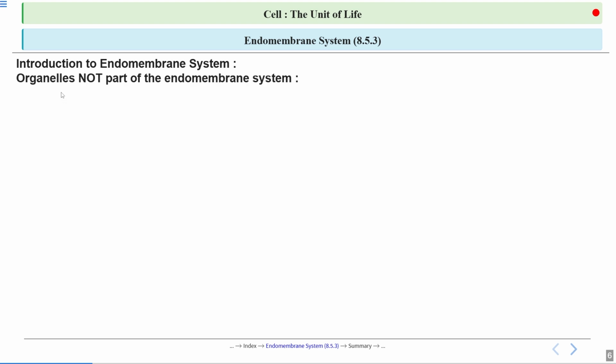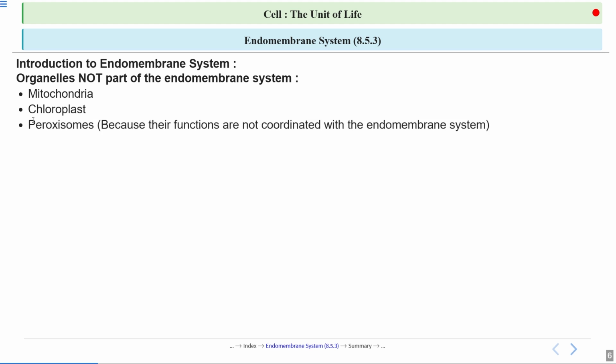All right, now the organelles which are not part of the endomembrane system. First is mitochondria. Mitochondria is a semi-autonomous organelle. We'll talk about mitochondria also. It is not part of the endomembrane system. Chloroplast also is not part of the endomembrane system. Chloroplast is also a semi-autonomous organelle.